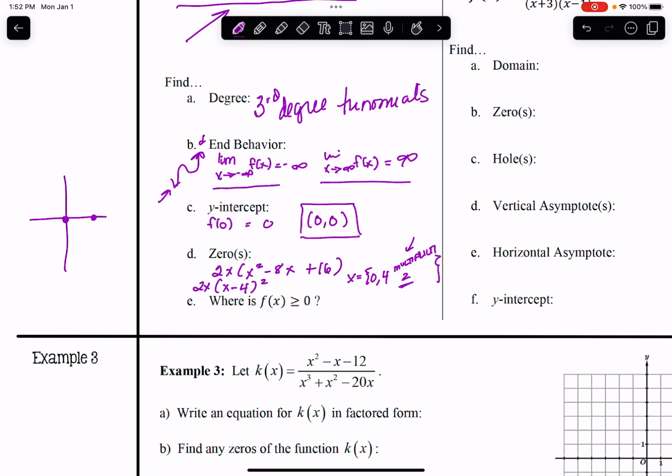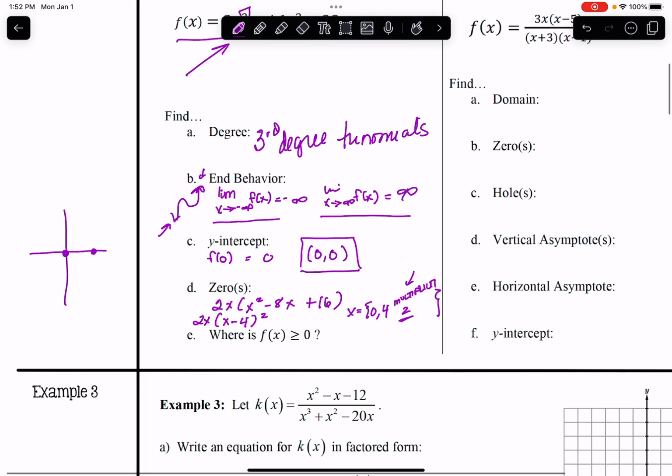So it's a positive cubic, so it has to come here. It has to touch at 4 since it's multiplicity 2, and then it has to come around and come back up and go down through 0. So we don't have this maximum yet, but we don't need it to tell where f of x is greater than or equal to 0.